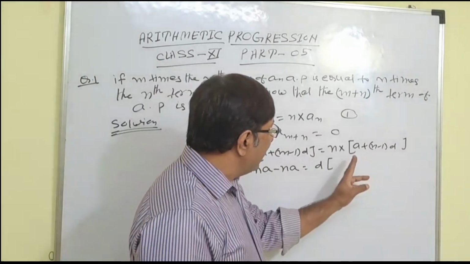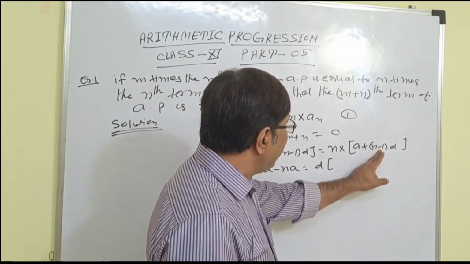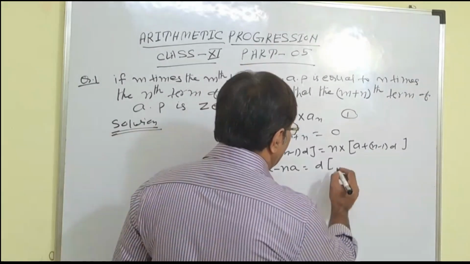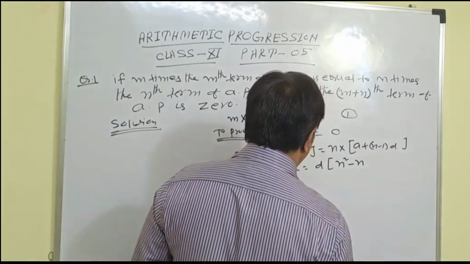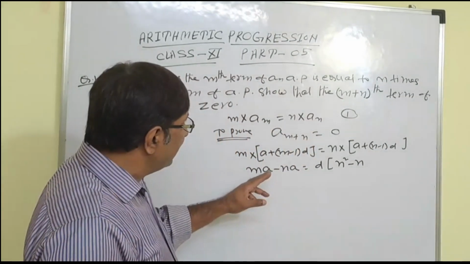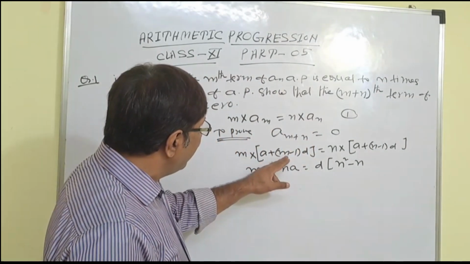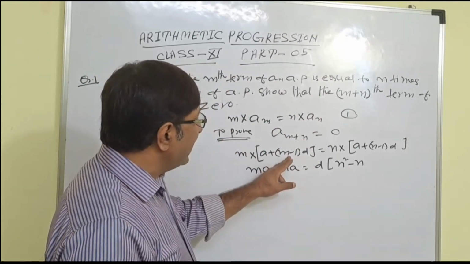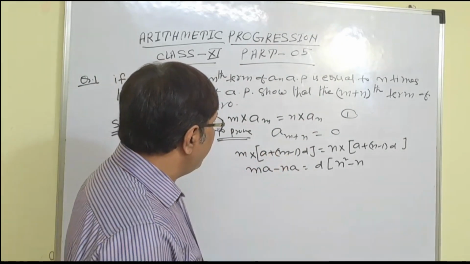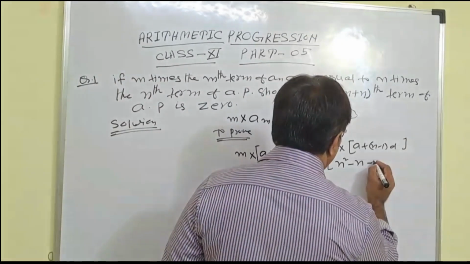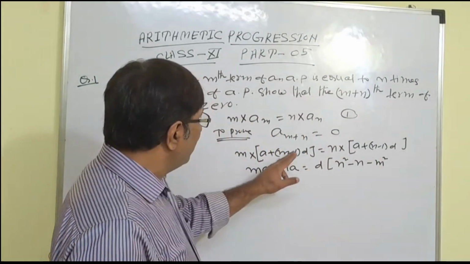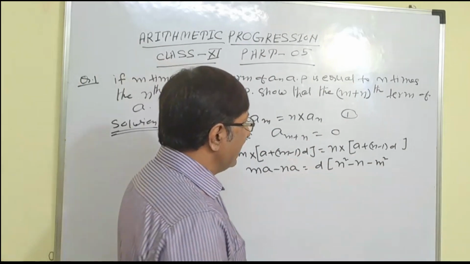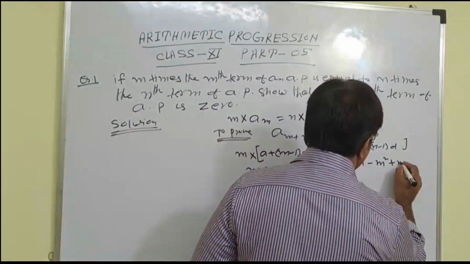So when d is taken common, here n into n minus 1 is n square minus n. And now this is again n into m minus 1 minus. So m into m is m square, so this is minus m square. And here m into minus 1 is minus m, so this is plus m.